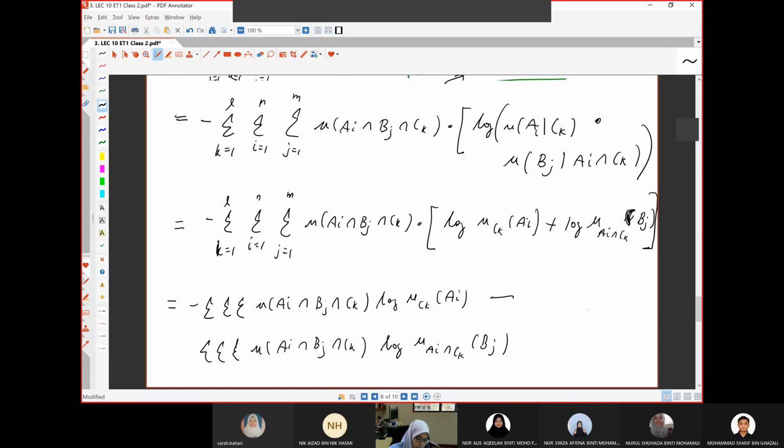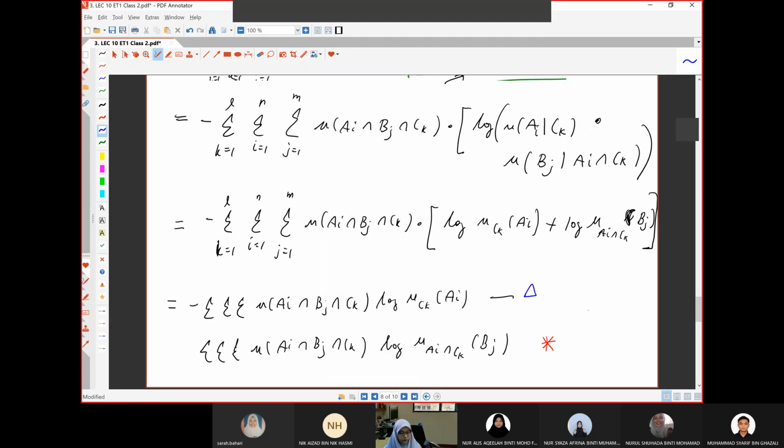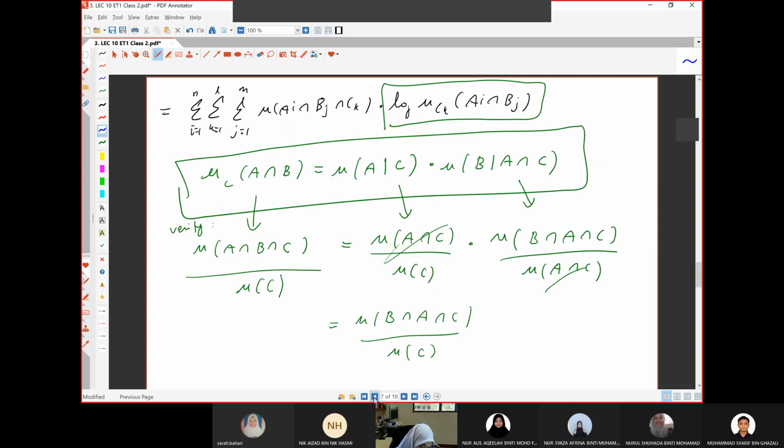Okay, minus. So let's see the terms here. I write these terms as star, and the first term here as triangle. So in the previous calculation, let's see the 2 star here.